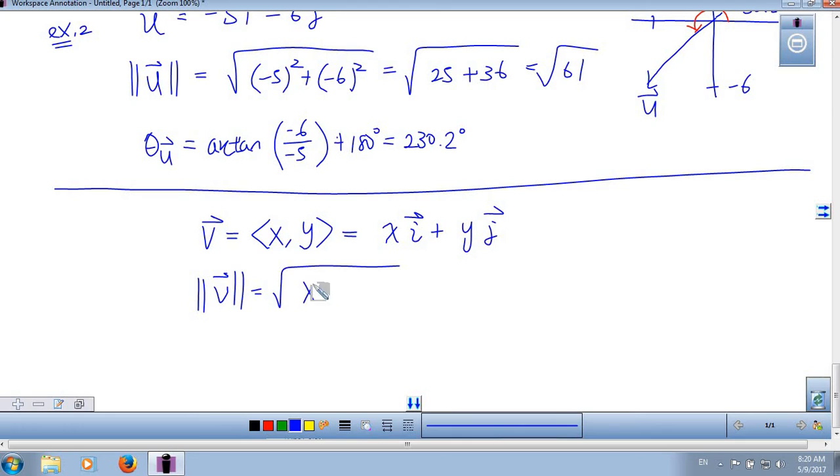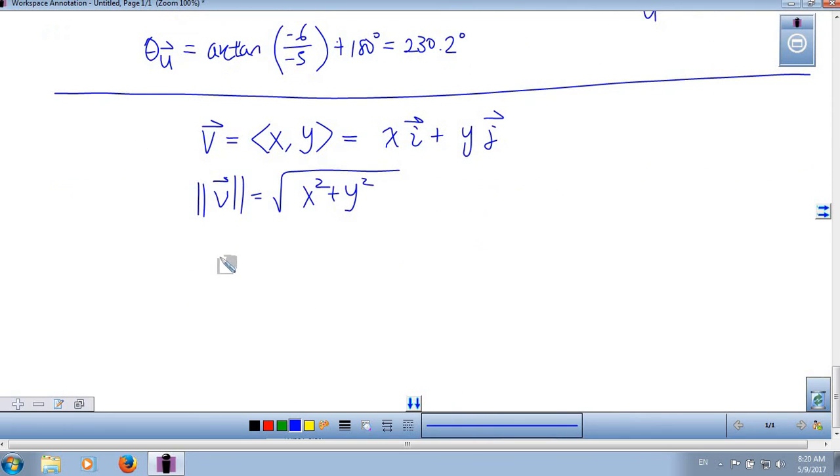It's the square root of x squared plus y squared. It doesn't matter whether x or y is positive or negative. But the angle theta of v will be equal to arctangent of y over x.